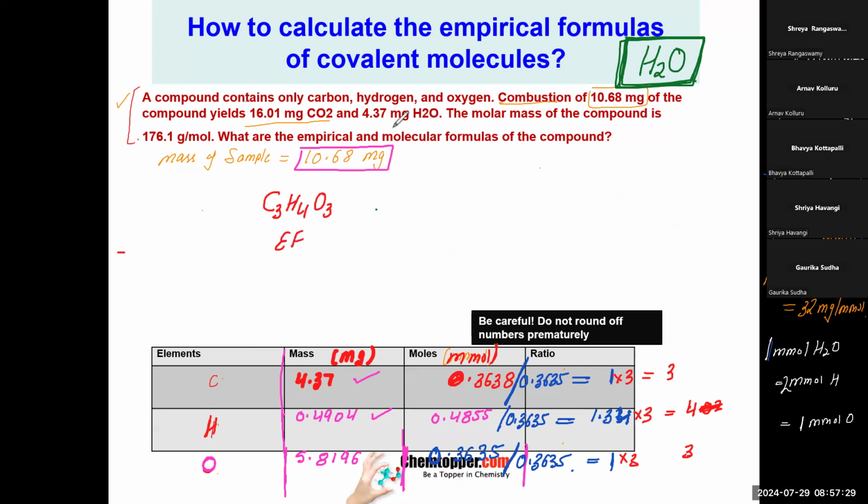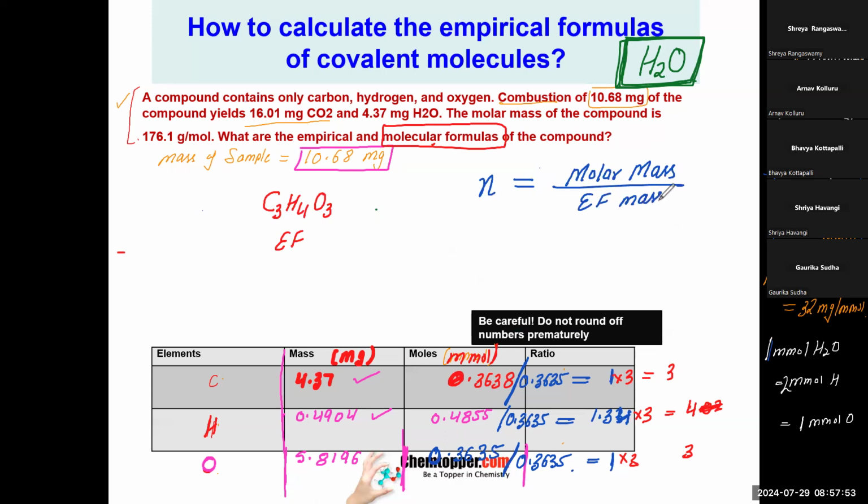But they are asking the molecular formula also. So what should I need to know here to know the molecular formula? You remember? N. N is the molar mass divided by empirical formula mass.